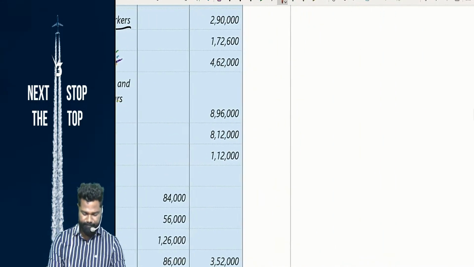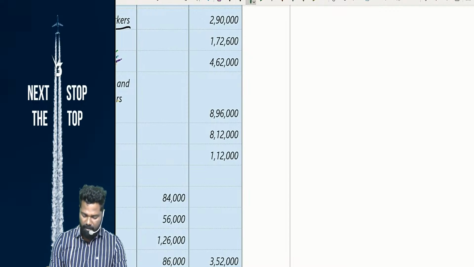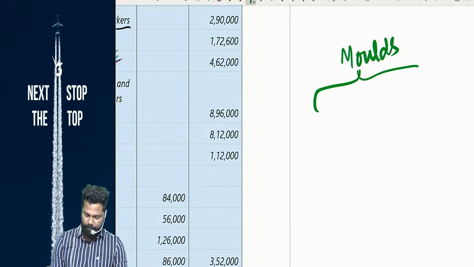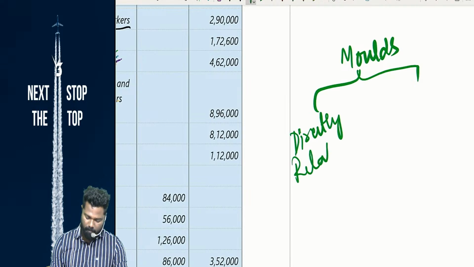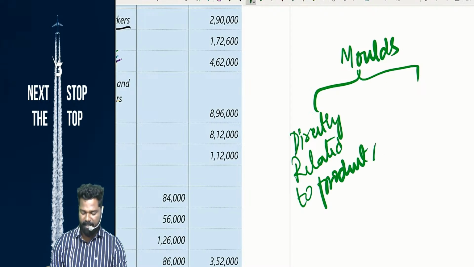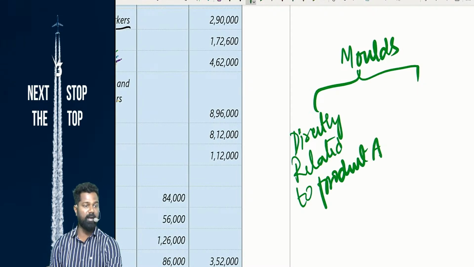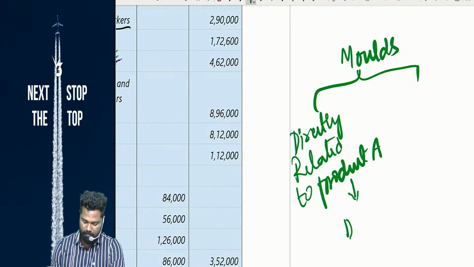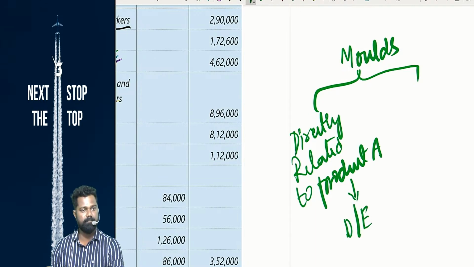Listen carefully here. I'll put it like this: molds directly related to a product, example product A, then it is a direct expense.